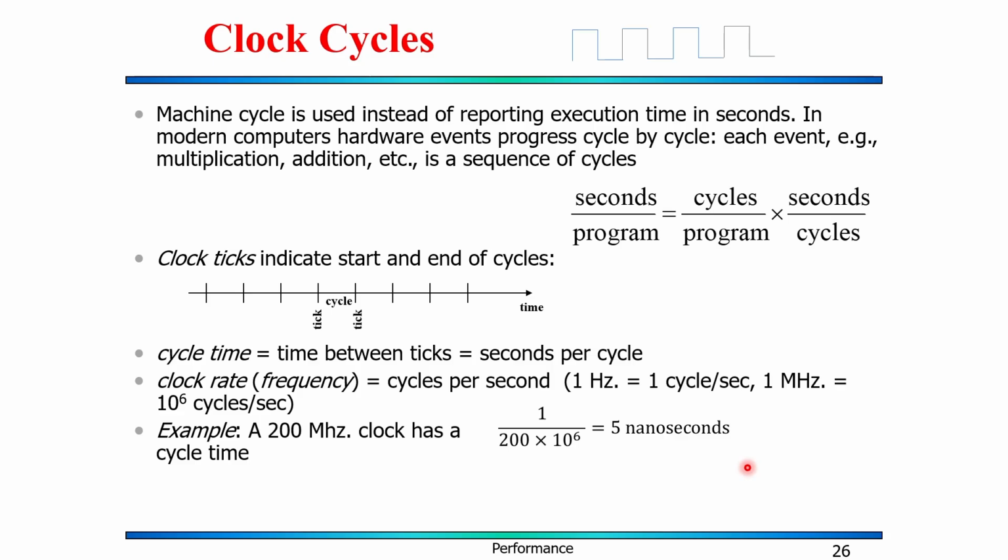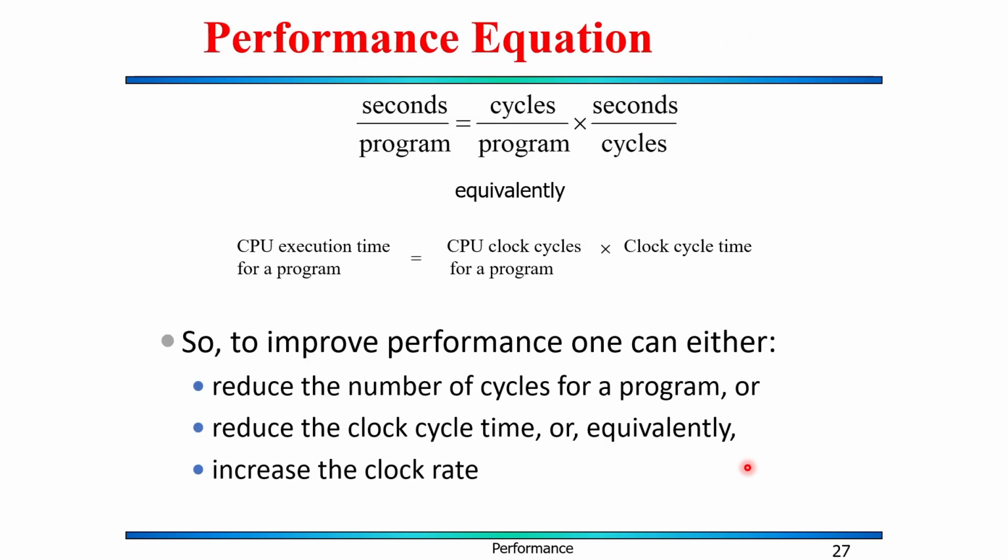Okay, so this slide presents the fundamental performance equation that ties everything together. CPU execution time for a program equals the number of clock cycles for that program multiplied by the clock cycle time.